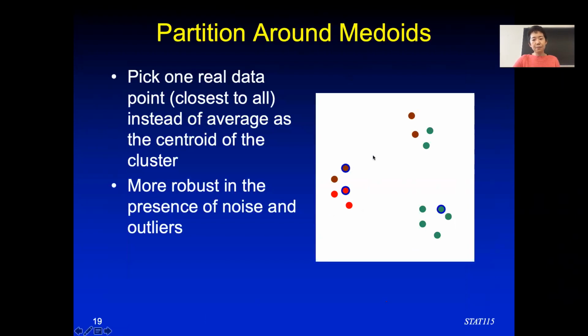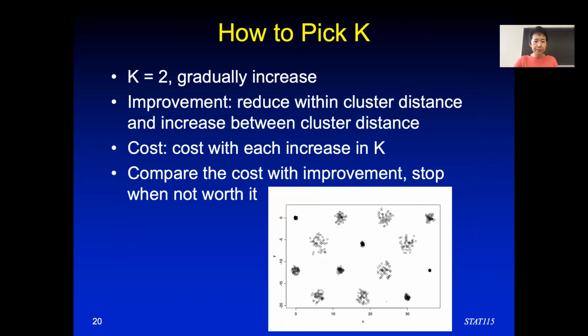So for example, in the previous assignment, we already have this, but instead of calculating a cluster center that was around here, we say out of the 4, 1, 2, 3, 4, which is the point that's closest to the other three, and we pick this one instead of calculating this, which is further away from everybody. And in this red one it is easier. Instead of the middle, you would just pick one that's closest. And usually it will give you a more robust result in the presence of noise and outliers.